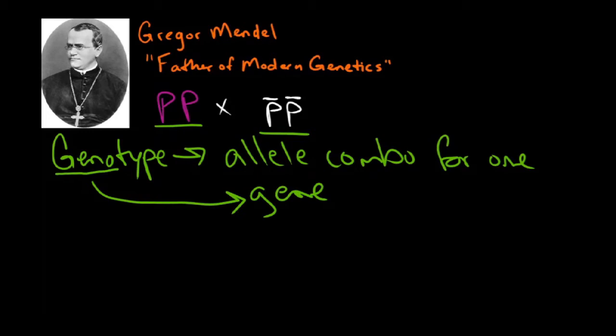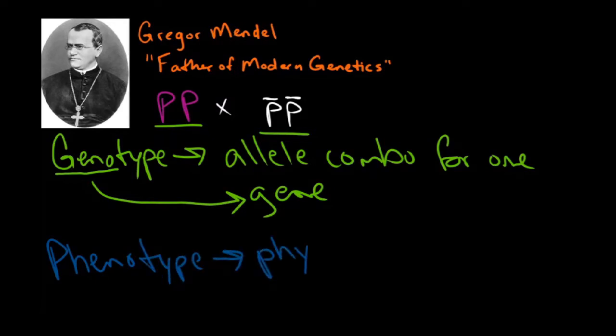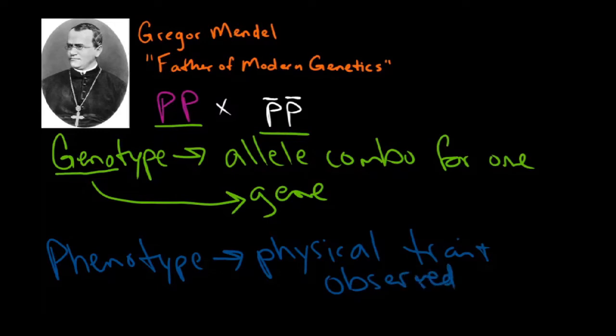Well, we have another word that corresponds to what the actual characteristic is, and that word is phenotype. A phenotype is the actual physical trait that is observed. Again, that's pretty easy. Pheno sounds like physical.